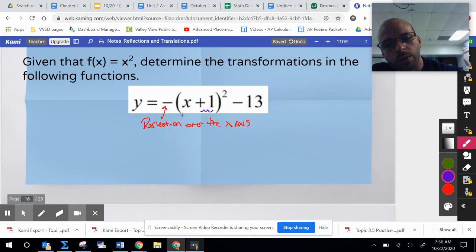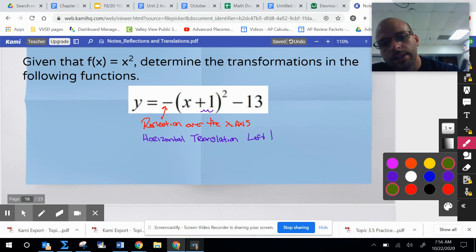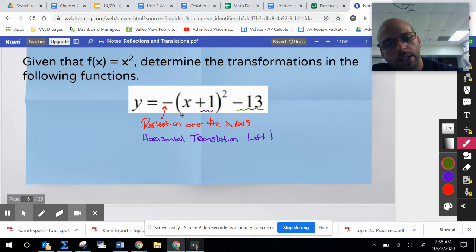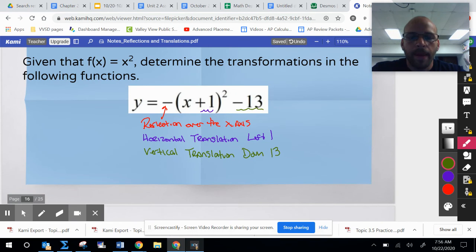Then I have the plus 1, which is a horizontal translation, left 1. And then last but not least, I have a minus 13, which would be a vertical translation down 13. Okay.